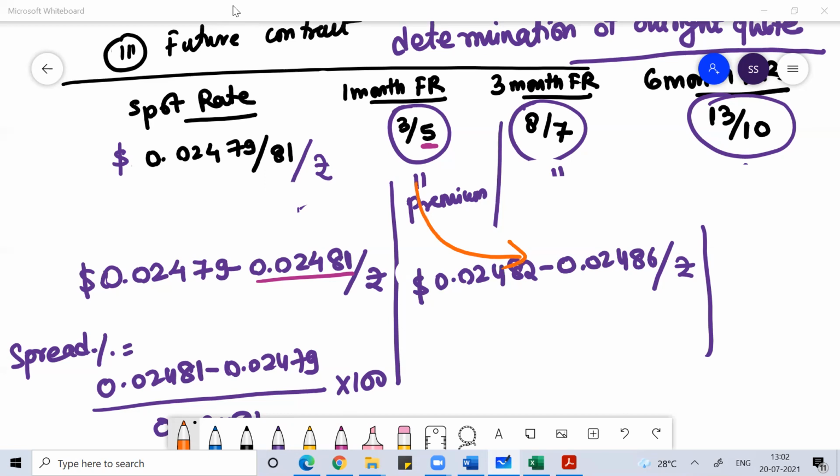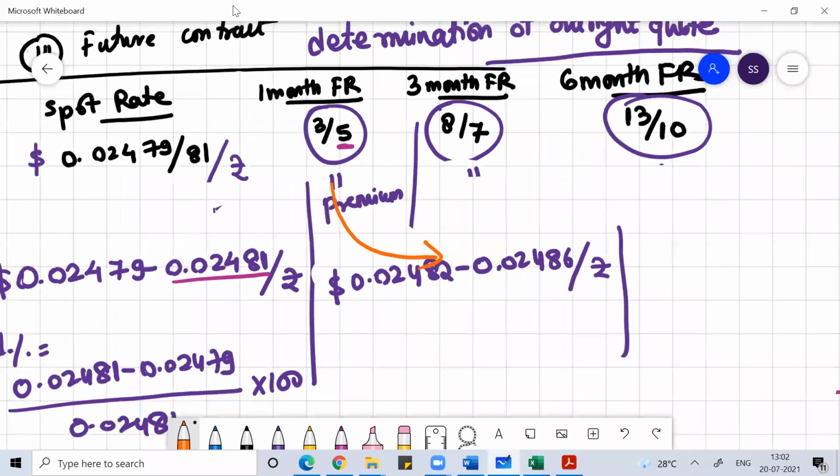Anyone, any doubt? This will be your 1-month forward rate.